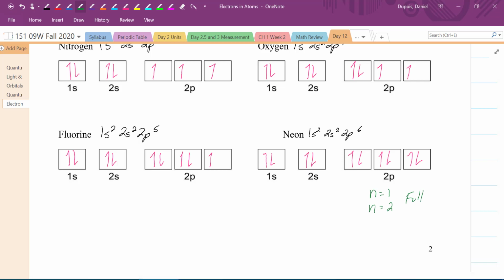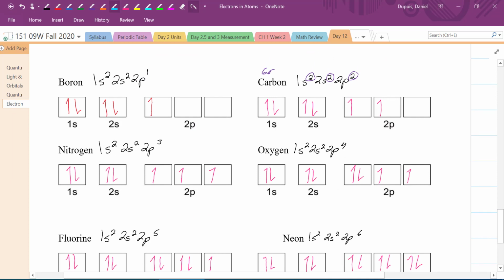Fluorine, what do we know about fluorine? Well, we told you fluorine likes to be -1. So, if fluorine gains an electron, it's now isoelectronic with neon. It has the same electron configuration as neon. If oxygen gains 2 electrons, O-2, it also looks like neon. If nitrogen gains 3 electrons, it looks like neon.